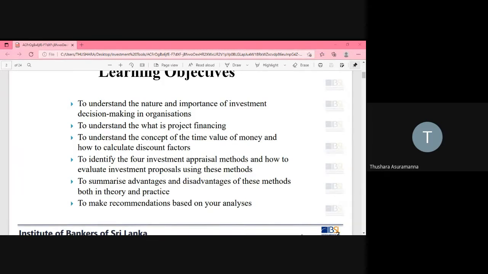So whether I still use public transport, whether I still use office transport, whether I go with a friend like right now I am doing. These are options available to you. But suppose you decide, no, I should go for a vehicle. That is an investment decision, maybe at a personal capacity.